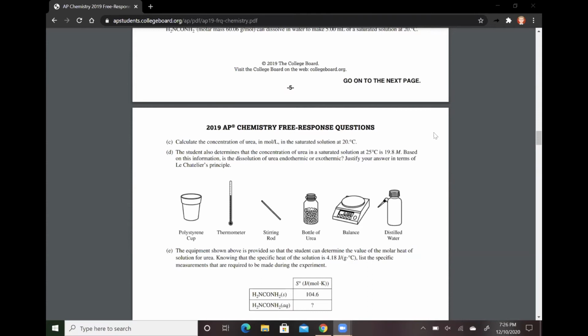And so the way you have to think about this, if you remember in Le Chatelier's principle, if you have a reaction that is endothermic, it's going to be favorable if you increase the temperature, right? And we have dissolution. Dissolution is obviously going to be a spontaneous reaction because you're breaking up molecules in a solution, and they're coming in contact with solvent molecules.